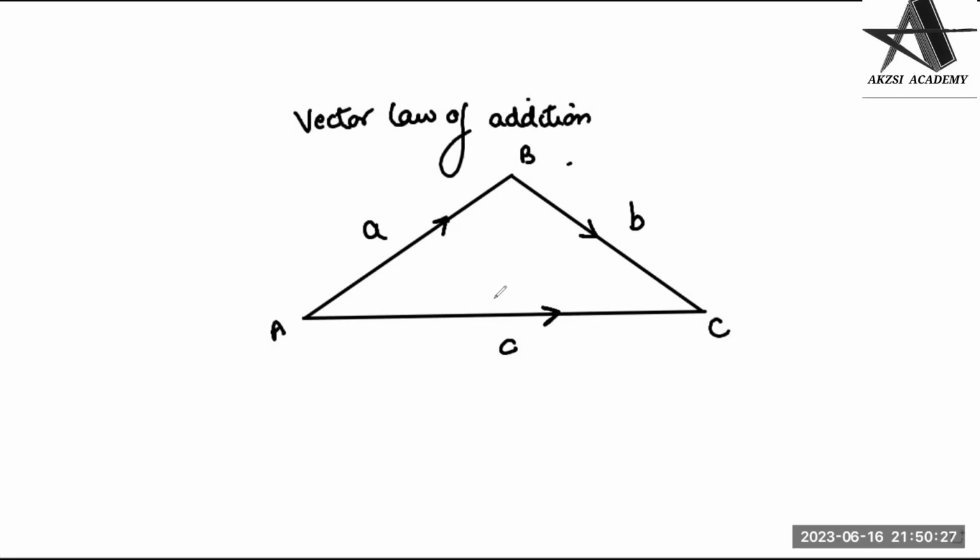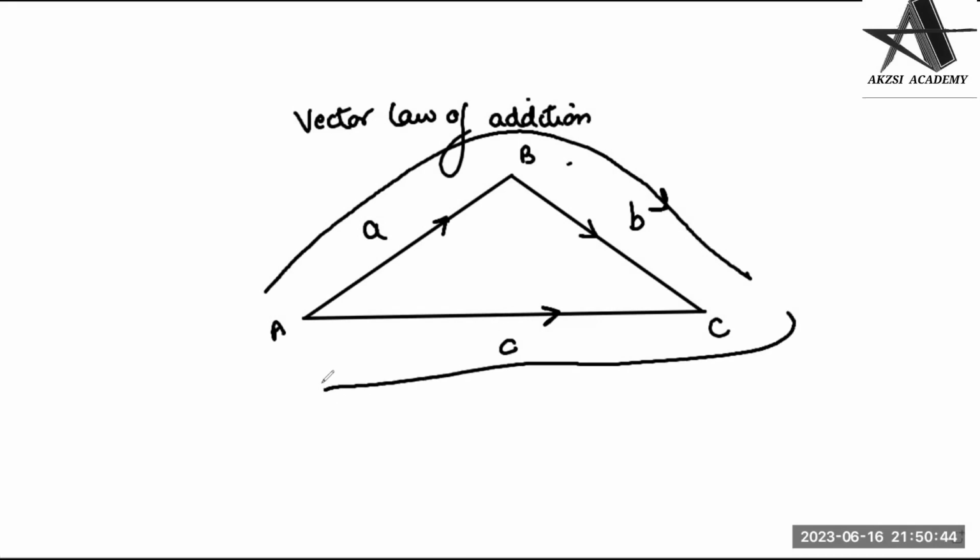We have to keep in mind that we have to add those two sides that follow each other. Clearly, if I see the direction A to B and B to C, they are following each other. They're obviously moving in the same direction, whereas C is moving in the opposite direction of them. That's why I have to add those two sides that are moving in the same direction.